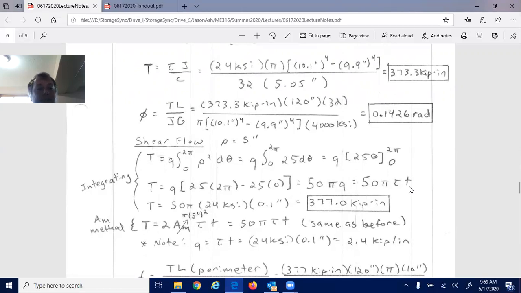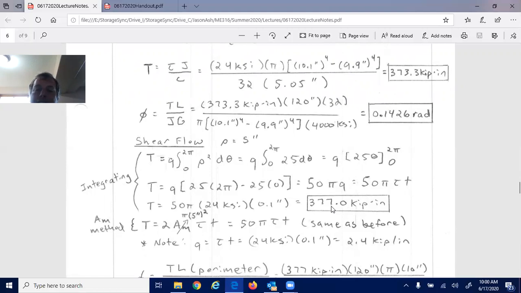And we can just plug our values in now and find that our torque is 50 pi times 24 KSI times 0.1 inch being our thickness. And that comes out as 377 kip inch, which is just slightly greater than what we got with the torsion formula. And if you think about that, what's happening is you are calculating an average shear stress for this cross section.